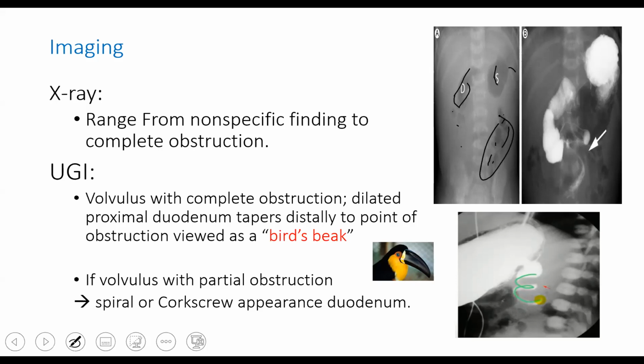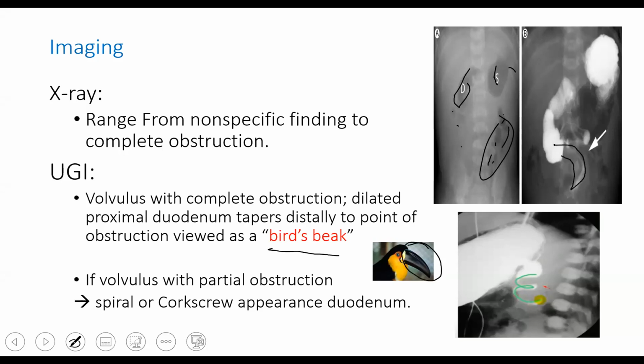So it doesn't exclude. The diagnostic of choice, whenever you have bilious vomiting, is always to start with an upper GI, especially in a baby who was just born. If the baby has complete obstruction, you might see something called bird beak appearance.